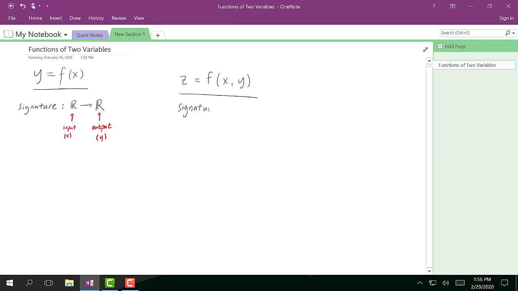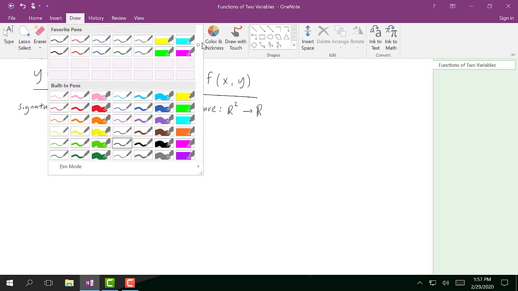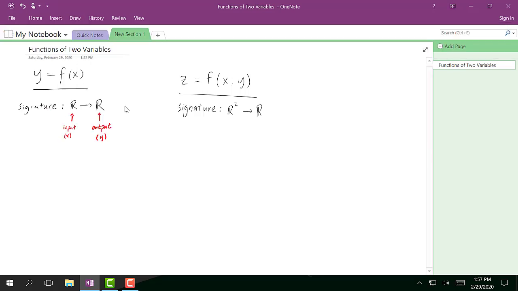What we have is two inputs, so we write R2, and we pronounce that R two. So we have two real inputs, and we combine them in some way to get our output z, just one real number.